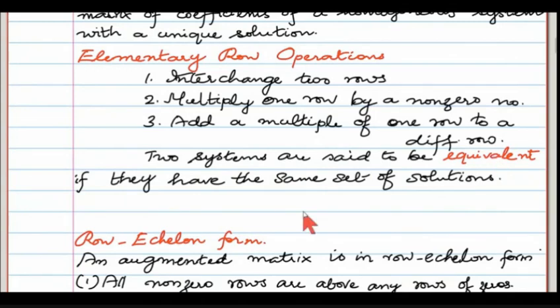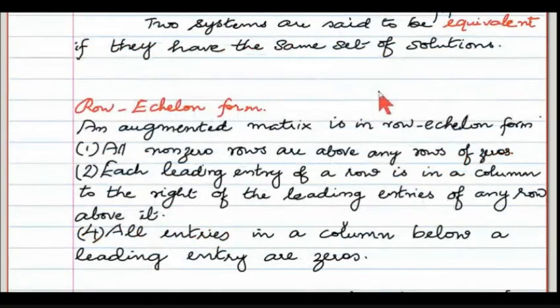So we have three operations: interchange, multiplication or scaling, and replacement. Two systems are said to be equivalent if they have the same set of solutions. If the augmented matrices of two linear systems are row equivalent, then the two systems have the same solution.